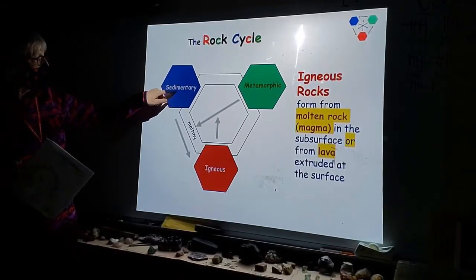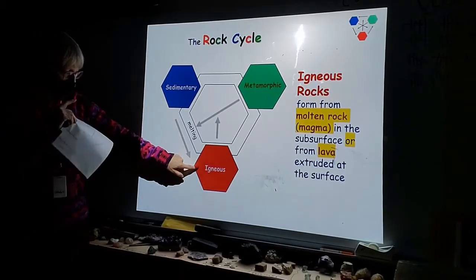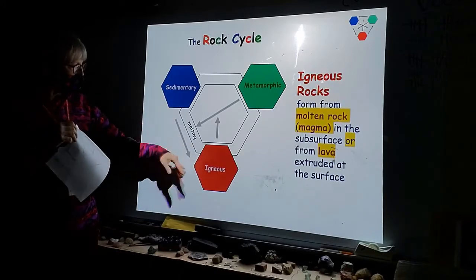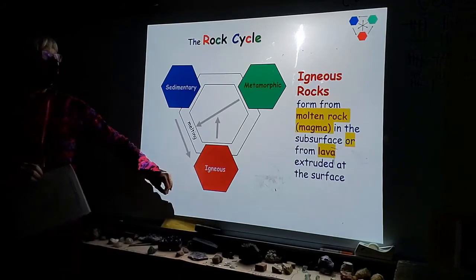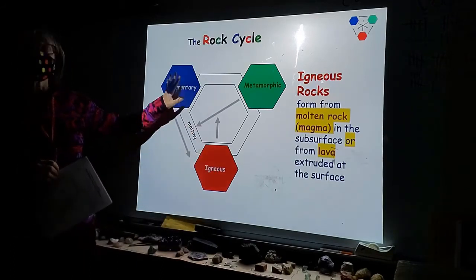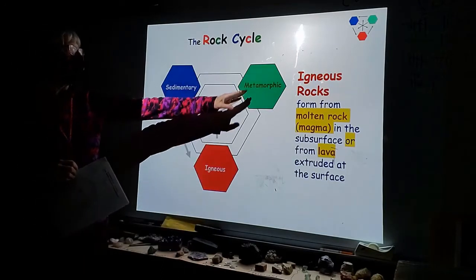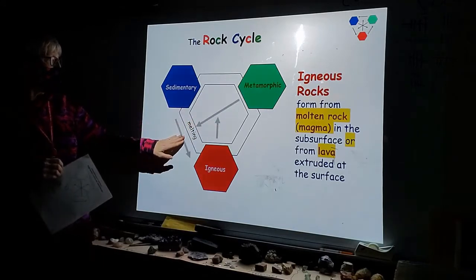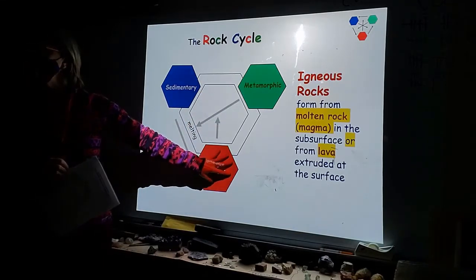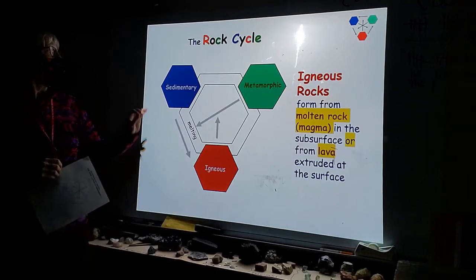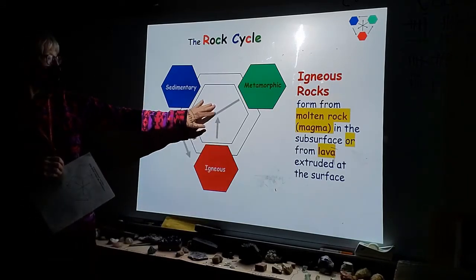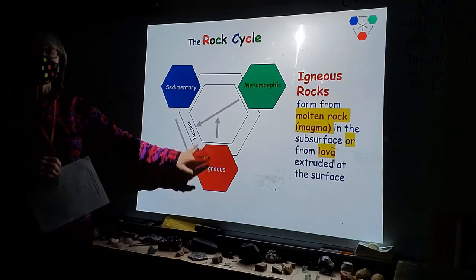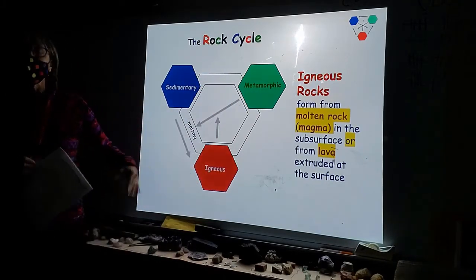If sedimentary rocks melt underground, deep inside the earth, they can become igneous. And then cool. So they have to melt and then cool, become igneous. If metamorphic rocks deep inside melt and then cool, they become igneous. If igneous rocks melt and then cool, they can become igneous. So all 3 rock types can eventually become igneous.